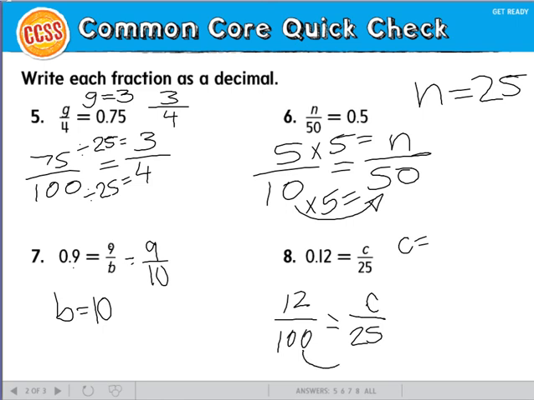So how can I go from 100 to 25? Divided by what? 4. Divided by 4. So 12 divided by 4 equals 3, so it's 3 25ths, and C equals 3. All right? So far, so good?